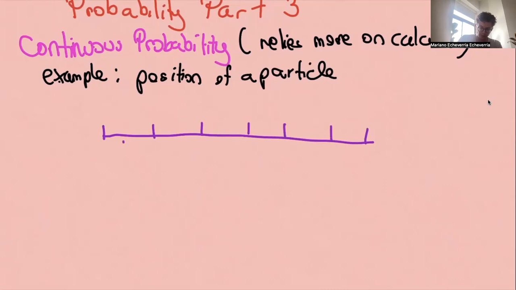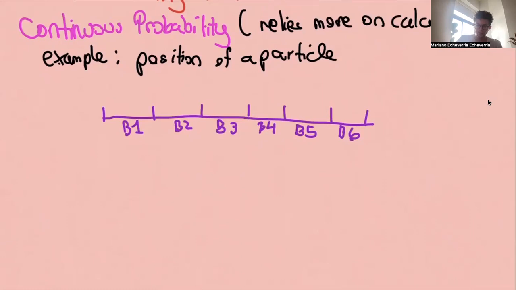So you have box 1, box 2, box 3, box 4, box 5, box 6. In what we were doing up to now, maybe we have a random variable that gives you the box in which the particle is.